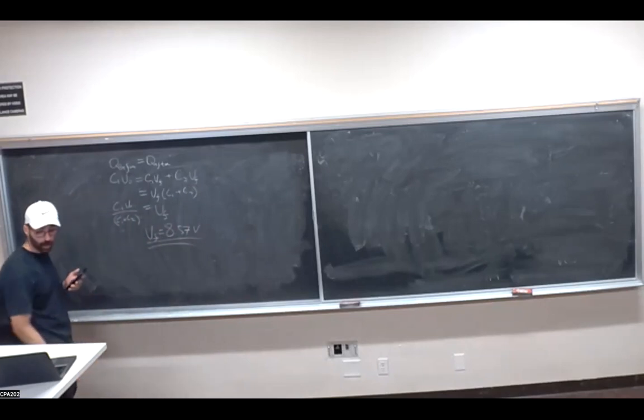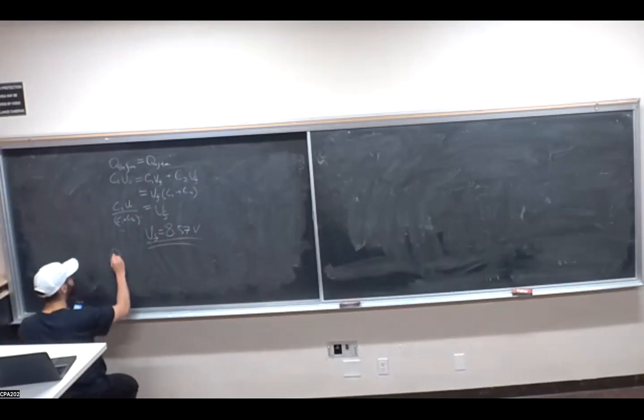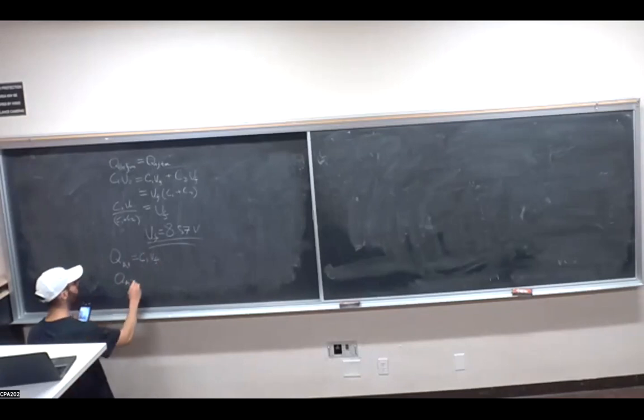We can now quickly find Q after relative to each capacitor through the equation. I'm going to call it QA1, for capacitor 1, is equal to C1 VF. And then Q after 2, QA2, is equal to C2 VF.